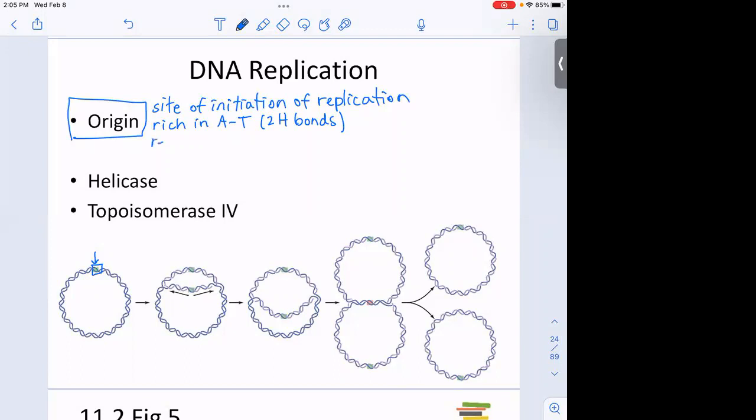And we'll say replication is going to proceed in 2 directions. Okay, we call that bidirectional, right? So you can see here, you've got a replication fork opening up here and a replication fork opening up here. So again, it's going to go in both directions.